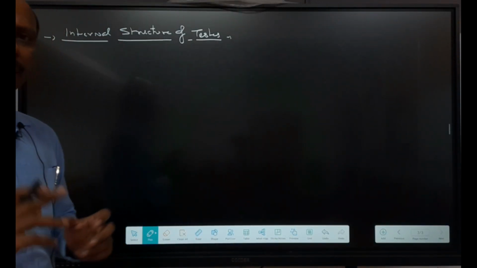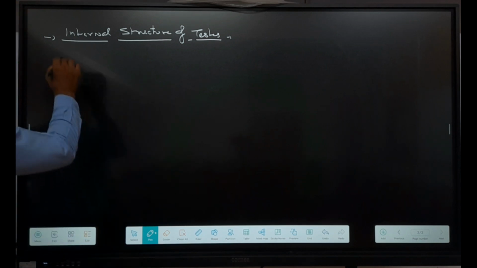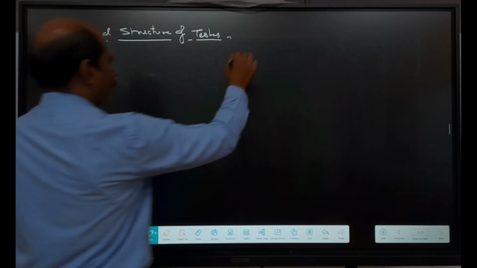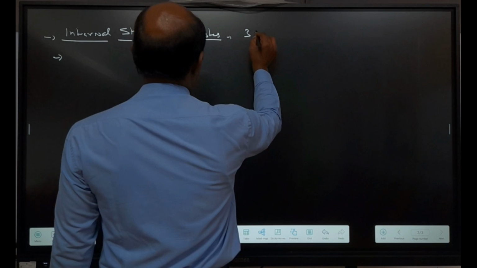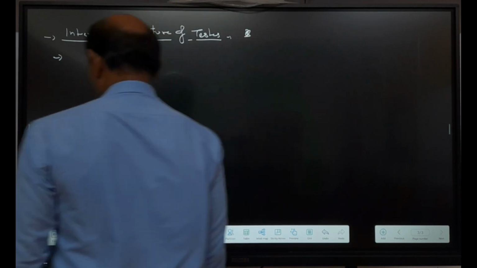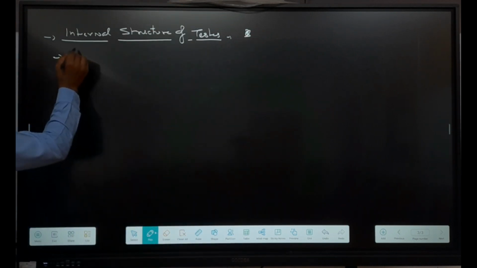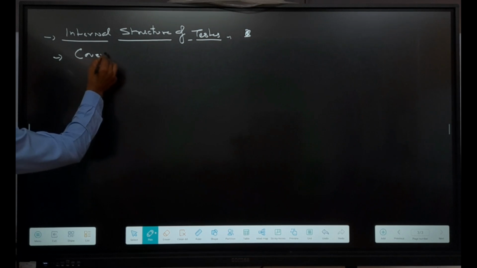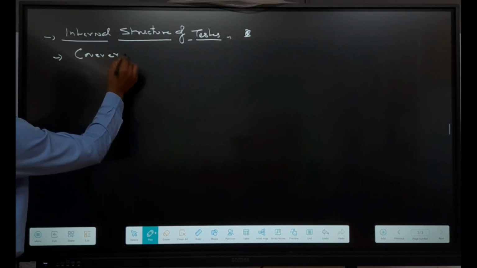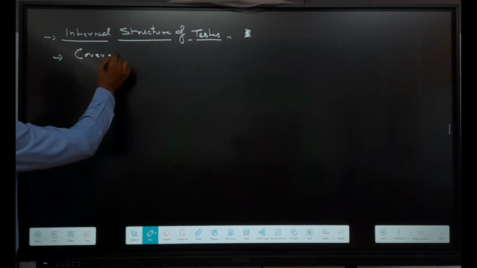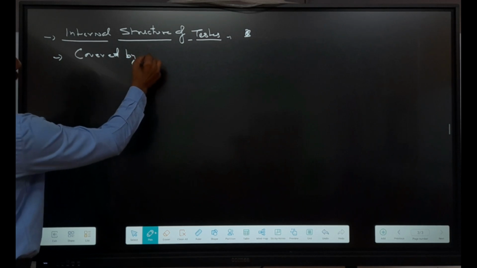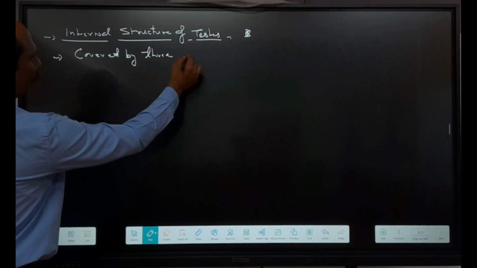Here, testis is also covered by 3 layers, right? So it is covered by 3 layers.